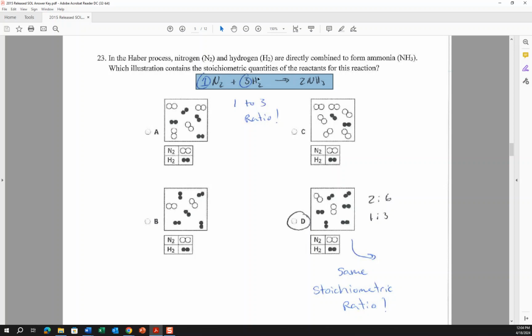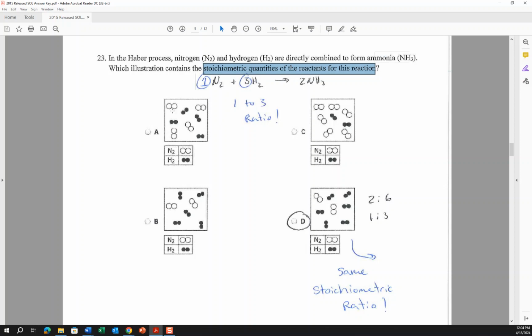And so you want the right stoichiometric quantities of reactants. That means for every 1 nitrogen, you need 3 hydrogens. So here we got 1, 2, 3, 4 hydrogens. We got 1, 2, 3 nitrogens. That's not the right ratio.